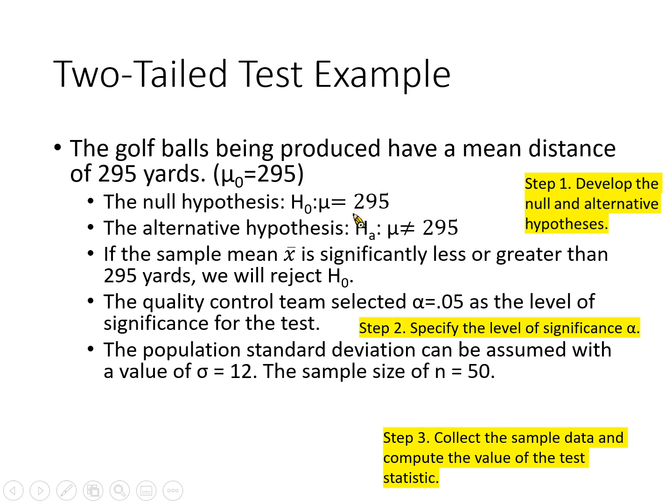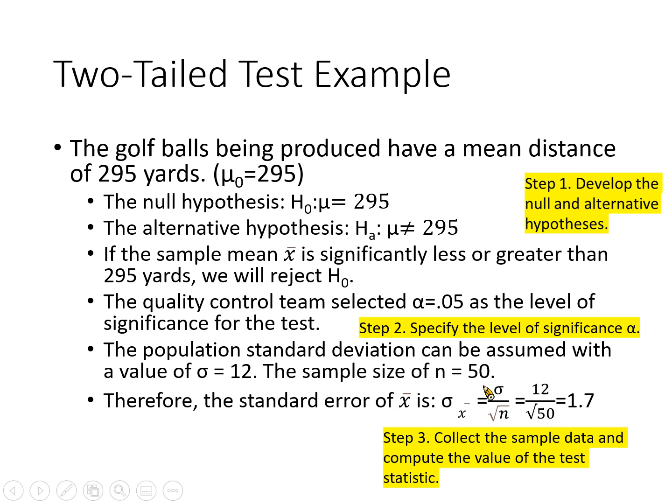Then you will also find other information from the question: the standard deviation of your population, sigma, is 12, and the sample size is 50. So you can first calculate the standard error based on the formula, which is 1.7.